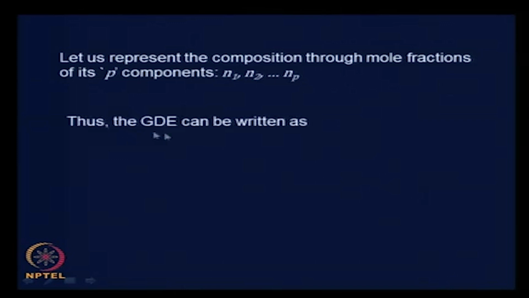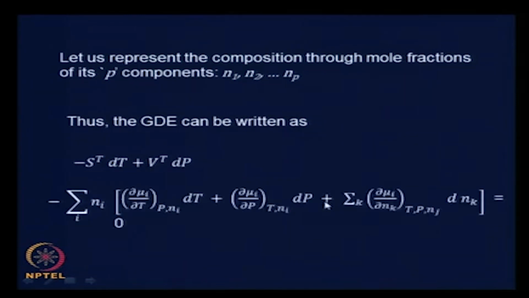Therefore, you could write the Gibbs-Duhem equation as minus S_t dT, this we all know, plus V_t dP minus the sum over N_i times dou mu_i dou T at constant P and N_i dT plus dou mu_i dou P at constant T and N_i dP plus the sum over all k, this k is an index here, dou mu_i dou n_k at constant T, P and all other n_j dn_k.